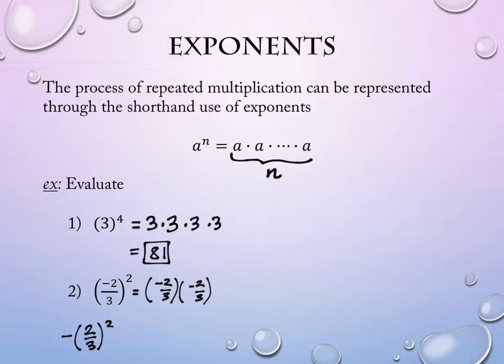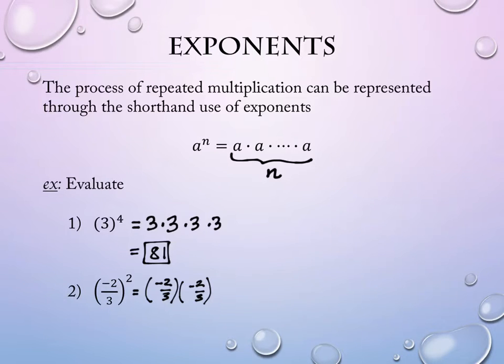Yeah, we would have the negative at the beginning, but then we would be multiplying 2/3 times 2/3 like this. So the location of that negative really matters because it will change the value of your answer half the time based on where it is, okay? So we want to make sure that we are interpreting that correctly. The one that we have is a negative 2/3 times a negative 2/3.